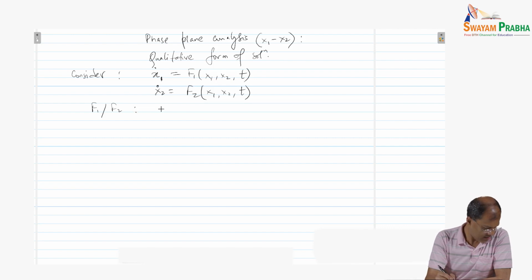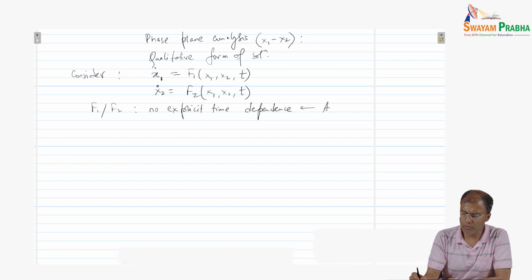So they have no explicit time dependence, right? Explicit time dependence. So this is an autonomous system. Okay, autonomous system.